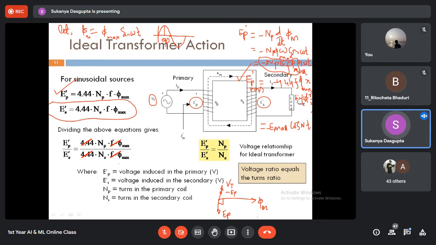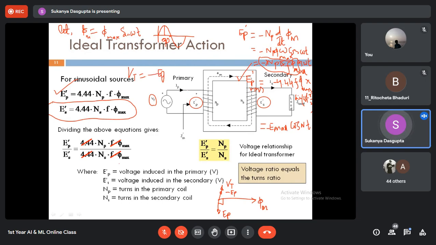And VT is nothing but equal to minus of EP in the case of an ideal transformer, if there are no losses. Is it clear to everyone?